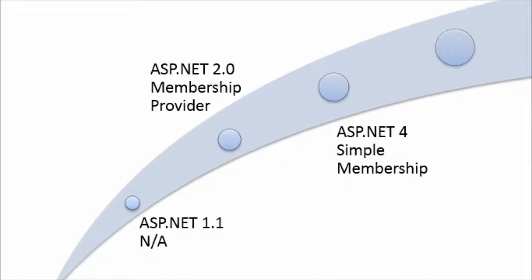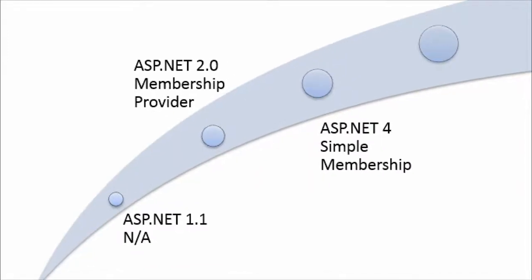We started off in ASP.NET 1.1, where your options were write it yourself. Well, at the very least, we did get the redirect from login. I'm actually talking about ASP.NET Web Forms 1.1. We at least got the redirect from login, which was better than what we had.